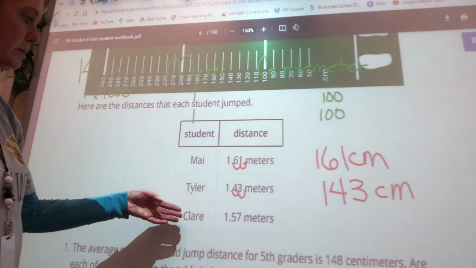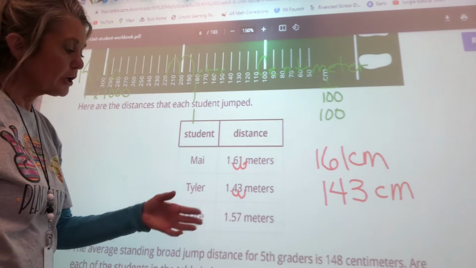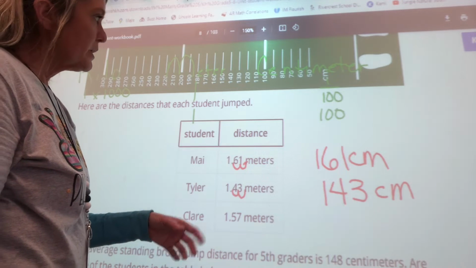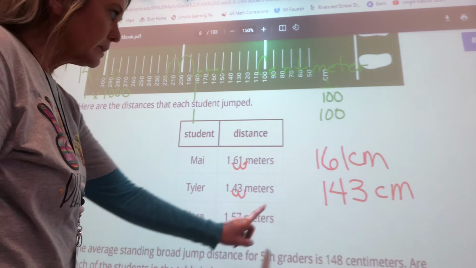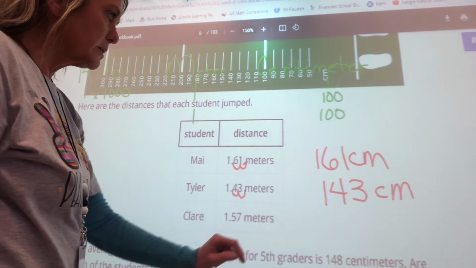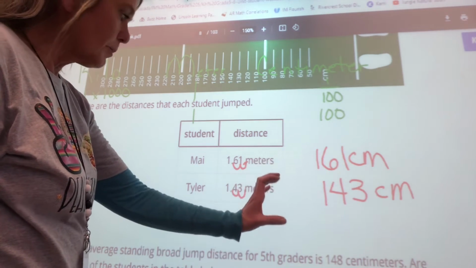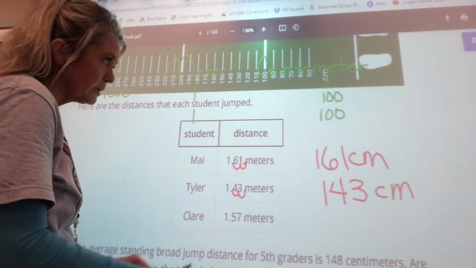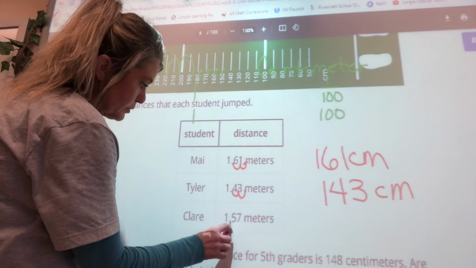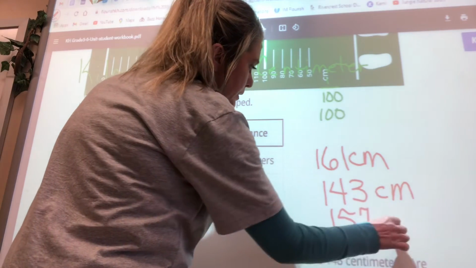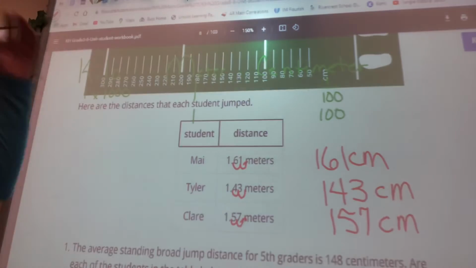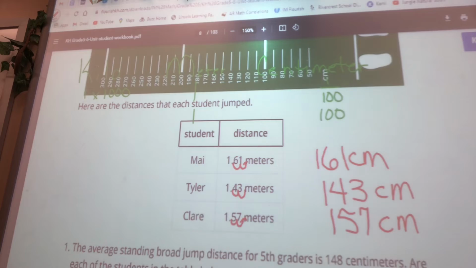And Claire, if she jumped 1.57, so we know if it's meters, it's going to take a lot more centimeters, and it's going to take more by 100 place value, so 1, 2. So now we know that Claire jumped 157 centimeters.